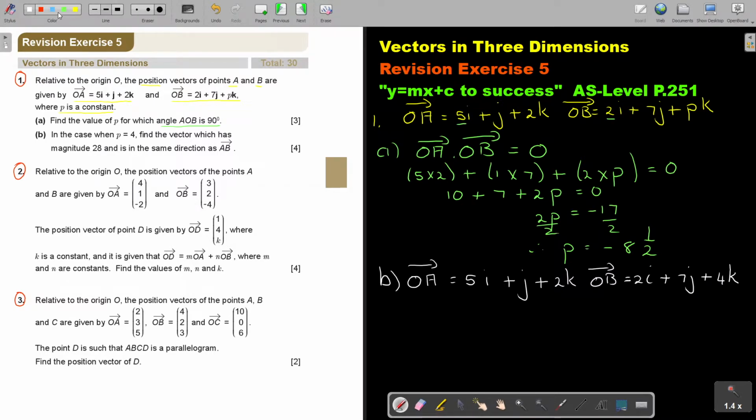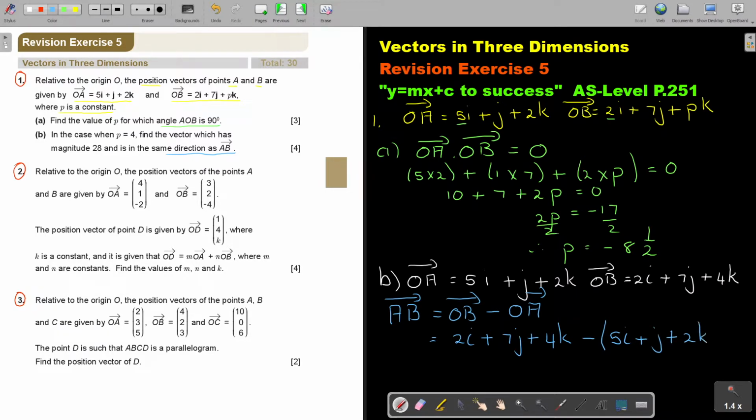So I will start with this statement, in the same direction as AB. So I will first find AB. Now if I write AB in terms of position vectors, it's OB, can you remember, the second one minus the first one? So it's going to be 2i plus 7j plus 4k minus OA, which is 5i plus j plus 2k.